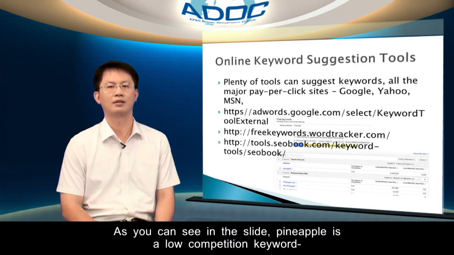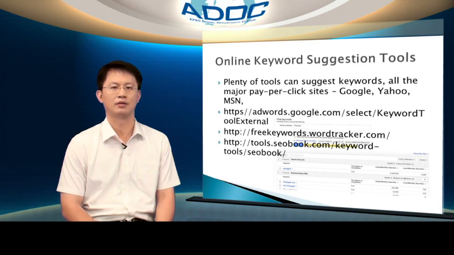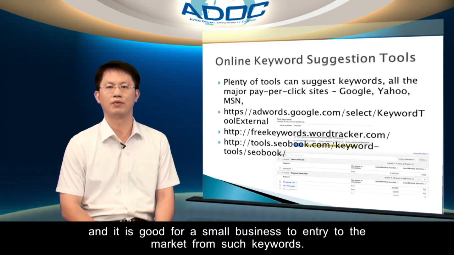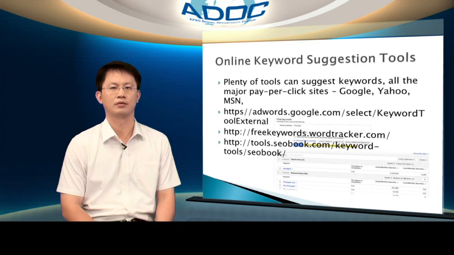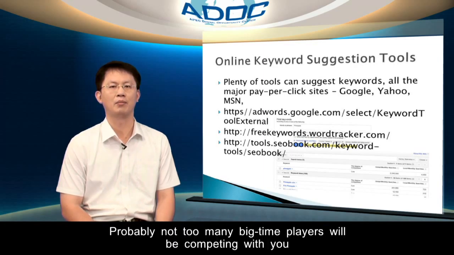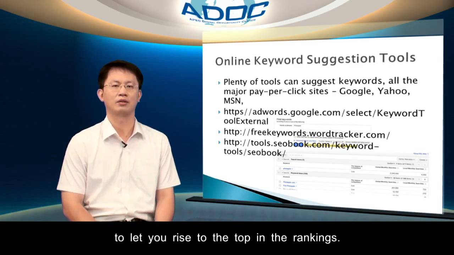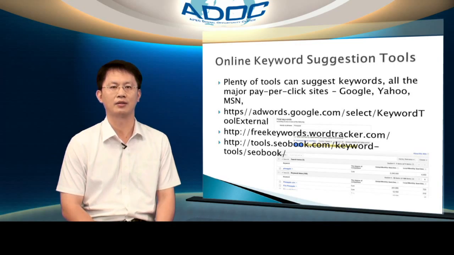As you can see in the slide, pineapple is a low competition keyword, and it is good for a small business to enter the market from such keywords. Probably not too many big-time players will be competing with you to let you rise to the top in the rankings.